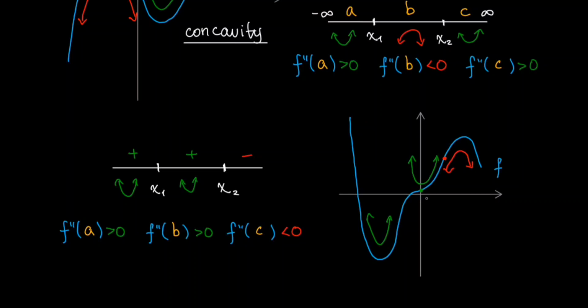So the first point at which concavity was forced to not be changed, in our case the x1 point where we have two concave ups in a row, this point is called the horizontal point of inflection. This can actually also happen when you have two minuses in a row. That just means you have two parts of the function that are both concave down next to each other.